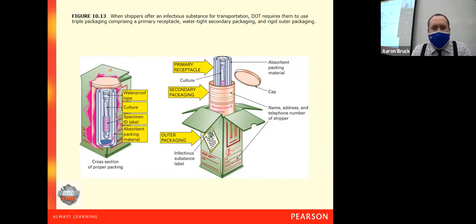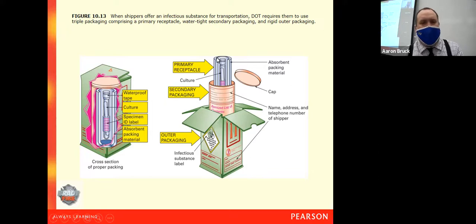When these kinds of infectious substances are transported, they are usually transported in a 2-fold or 3-fold packaging system to help prevent their spread in the case of an accidental kind of rupture. So you can see that you've got a primary receptacle here.